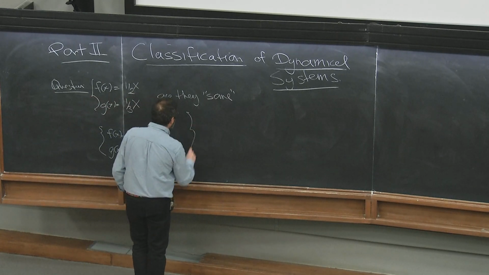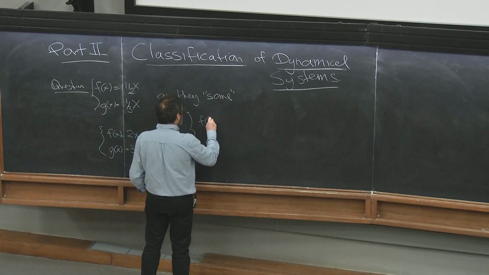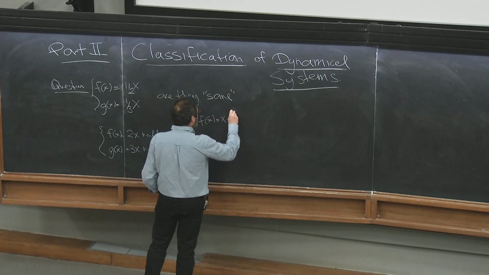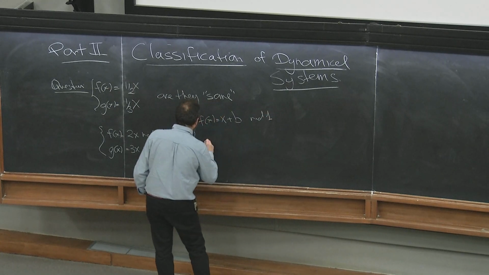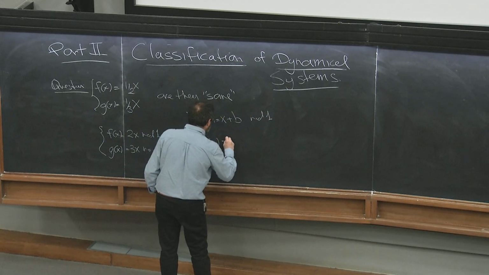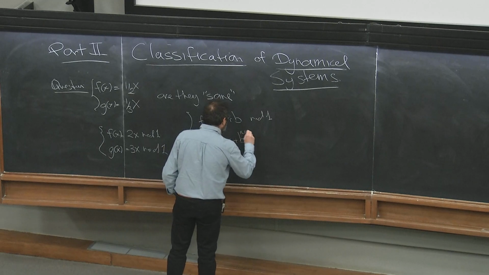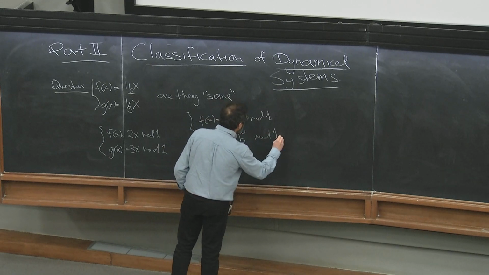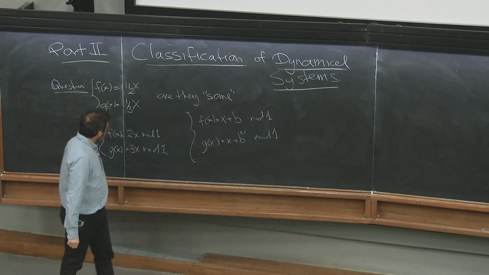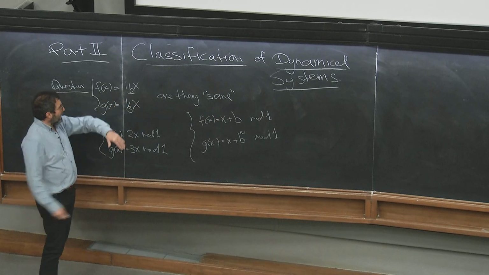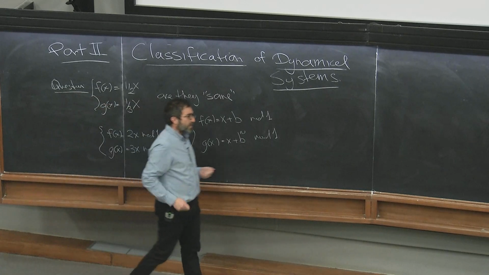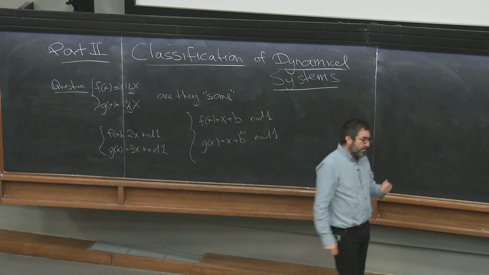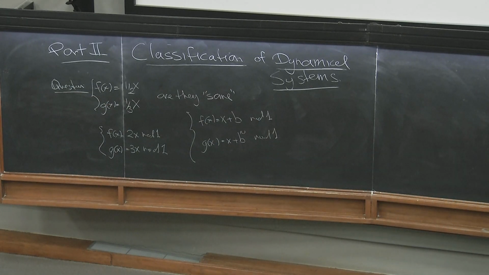Or, for example, let's take f of x equals x plus b mod 1, or g of x equals x plus b tilde mod 1, two different b's. So they're all of the same kind. This one is of the same kind, this one is of the same kind, this one of the same kind. So what does it mean to say that two dynamical systems are the same?